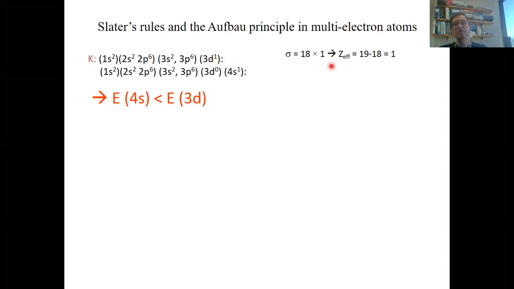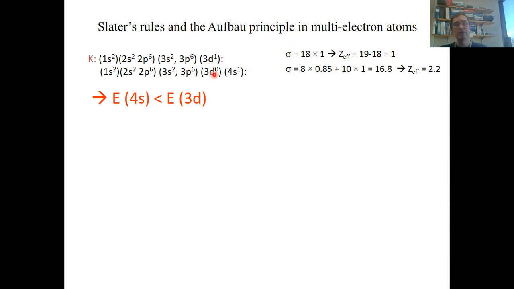That is because the real nuclear charge for potassium is 19, and all the other electrons here are in an n-1 shell, and for that reason they fully shield. We have 18 of them, so 19 minus 18 times 1 is 1.